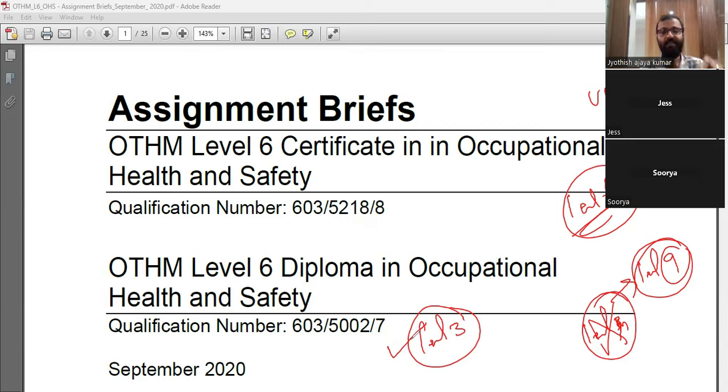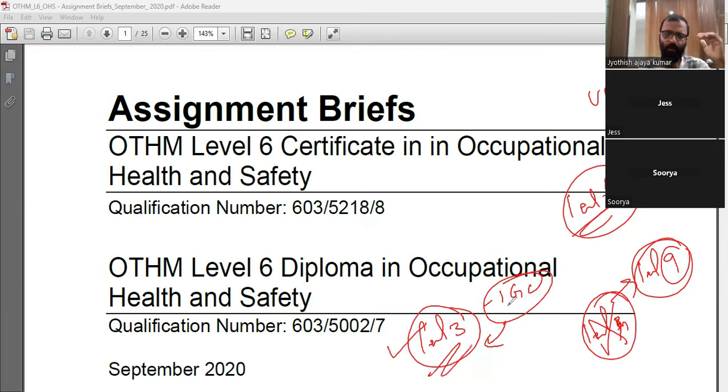And your NEBOSH IGC, I hope everyone has NEBOSH IGC. That is nowadays a very common qualification. Hope you also have that. So level 3 is a very basic qualification. NEBOSH IGC is actually a level 3 qualification.